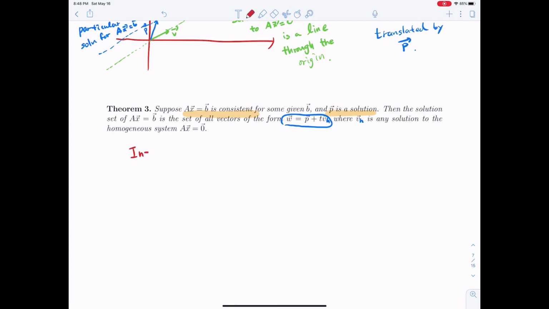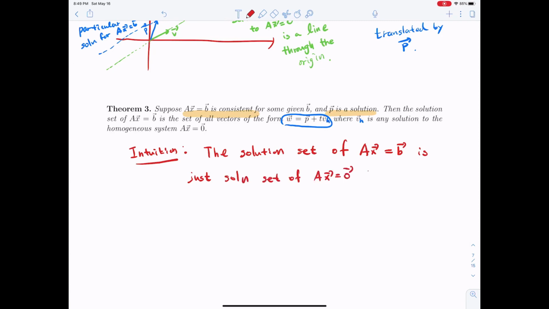So intuitively, we can think of the solution set of Ax equals b as simply the solution set of Ax equals 0 that is translated by any particular solution p of the non-homogeneous equation.